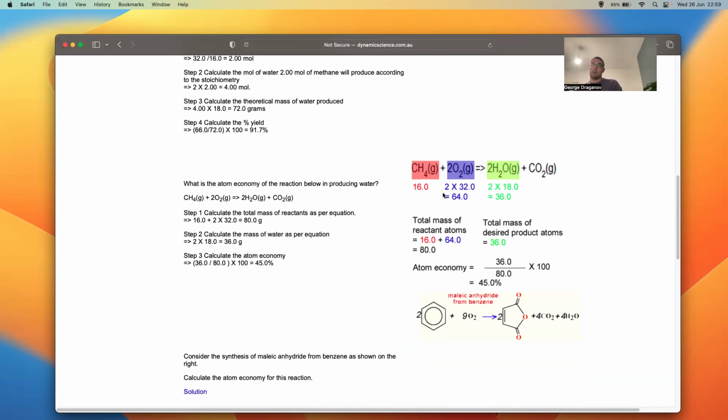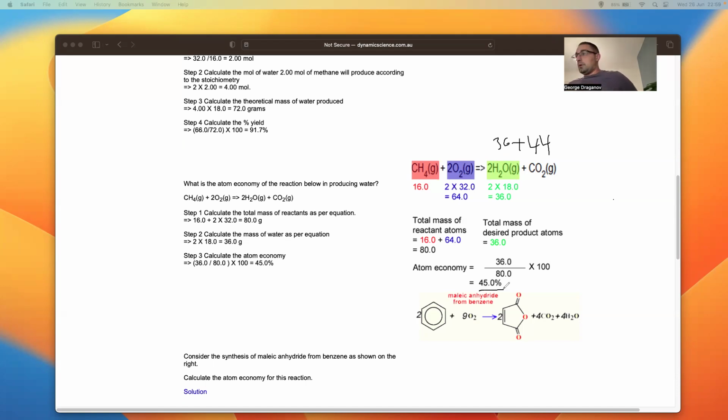So they've added all these up. I would just add all these up instead. So I would do 36, which I already worked out, plus 44, because carbon dioxide, 16 times 2 plus 12, is 44. And now you can see how 36 plus 44 is 80. So as you can see, it's giving you the same answer. Now, the atom economy, therefore, is 45%.